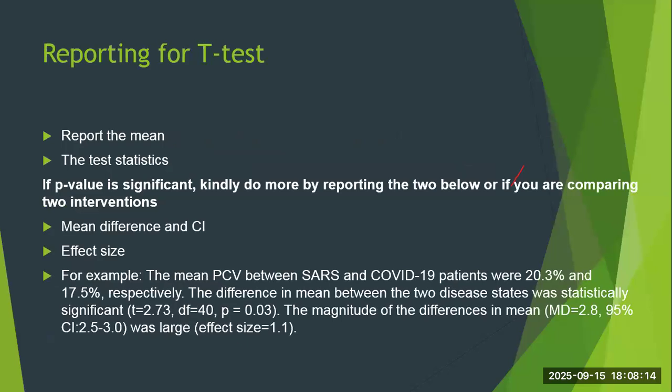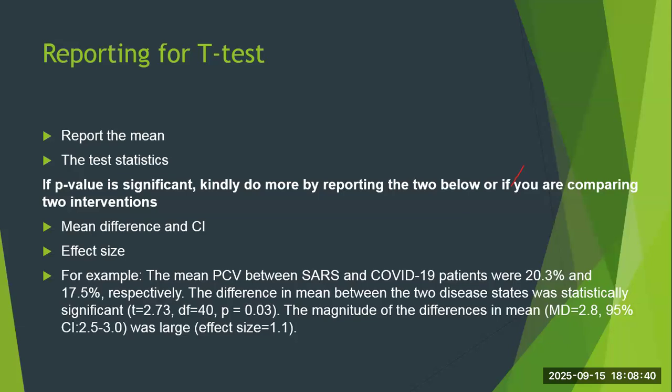So now see how to report it. The mean PCV between Lassa fever and COVID-19 patients were 20.3% and 17.5% respectively. The mean difference between the PCV of the two disease states was statistically significant. Once you do that, you put the t score, put the p-value.